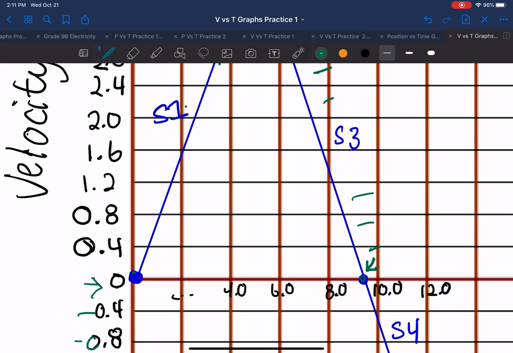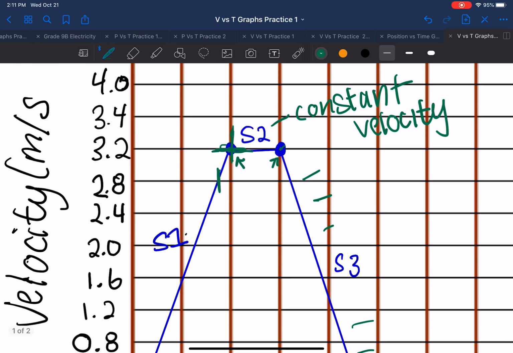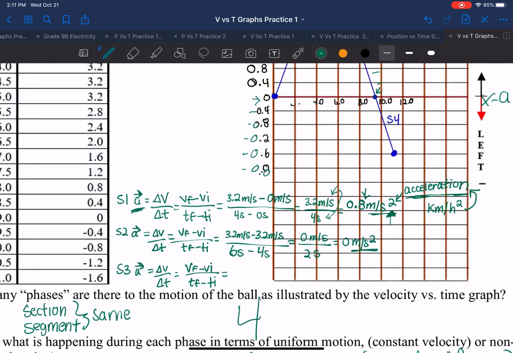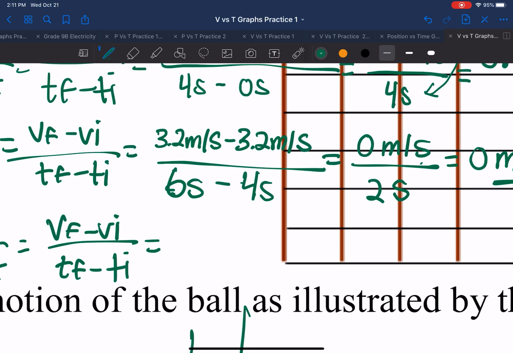0 is for sure going to be the value for VF, and for VI, this point right here will be for sure as well because it's at that main intersection. So let's plug in those values. We have 0 meters per second as the final, minus 3.2 meters per second, over a time of 9 seconds minus 6 seconds.